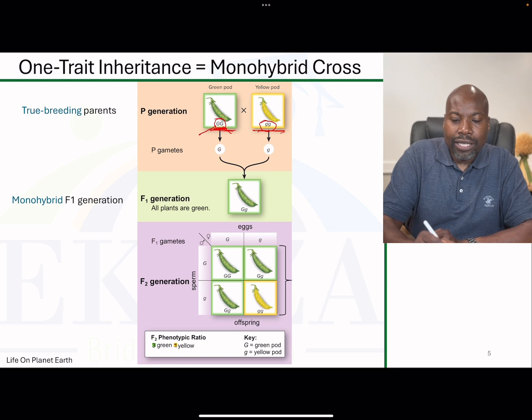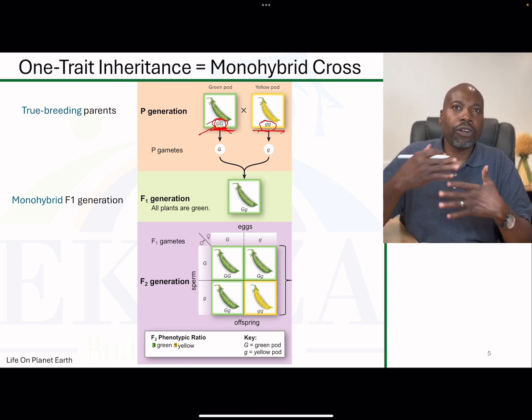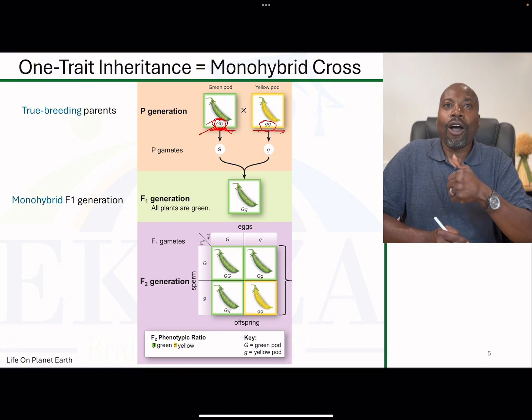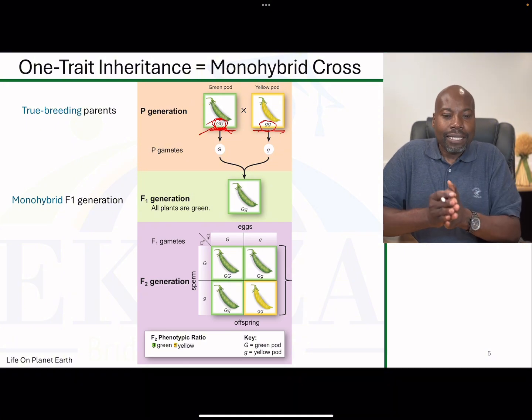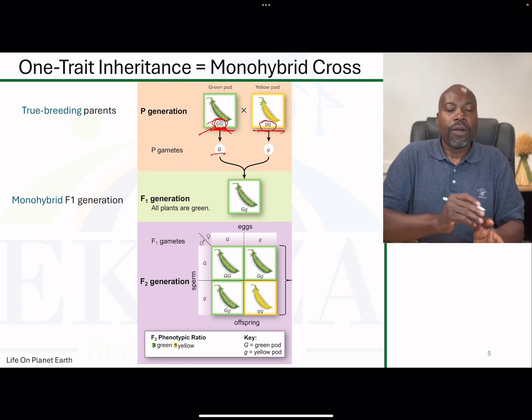Because capital G is represented twice, regardless of how we turn things, the plant is only going to produce what kind of gamete? It's the gamete with capital G right here.